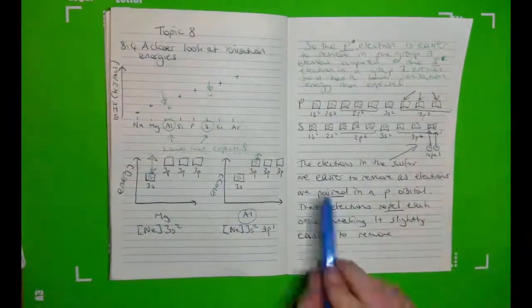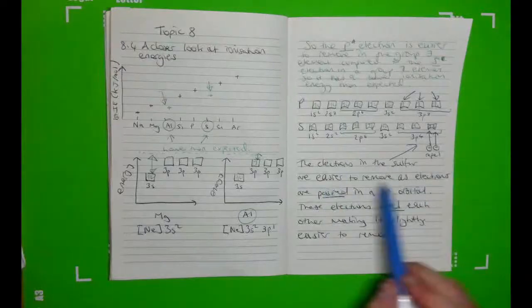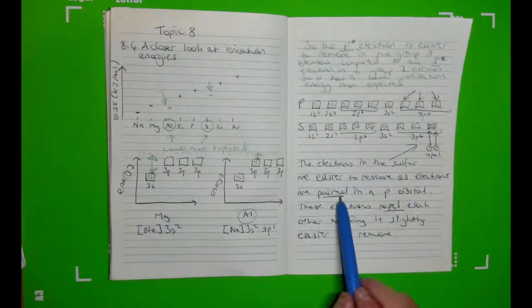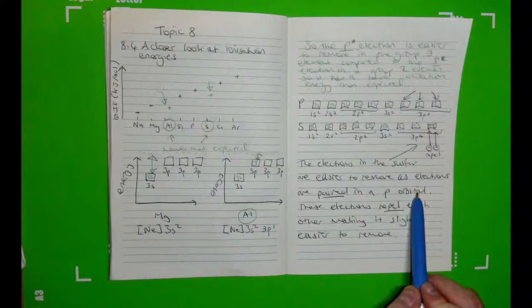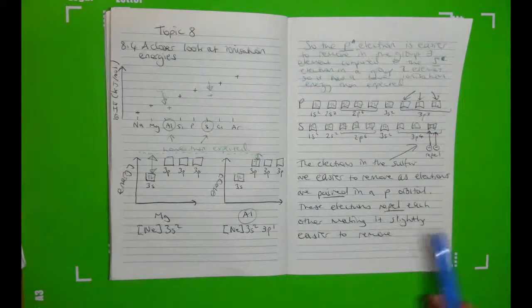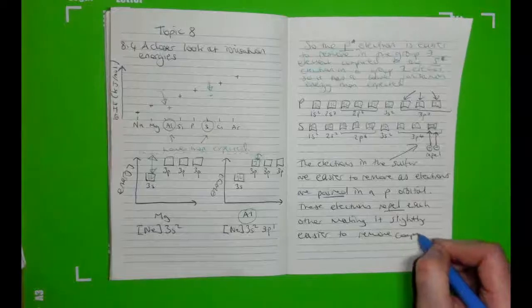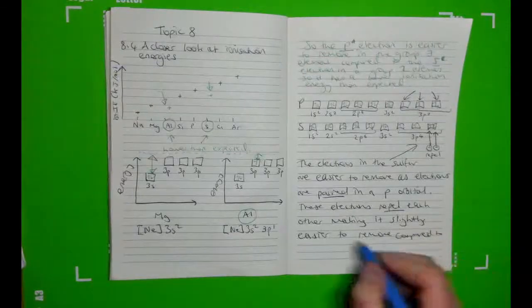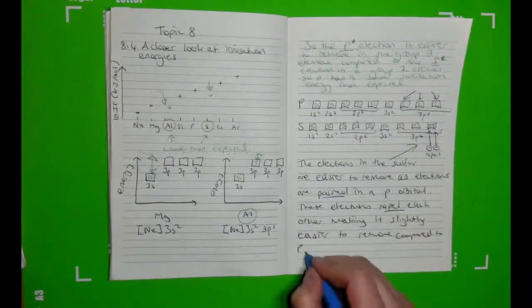And that's because there's repulsion between electrons in the same orbital. Okay, so the electrons in the sulfur are easier to remove as the electrons are paired in a p orbital. These electrons repel each other, making it slightly easier to remove compared to phosphorus.